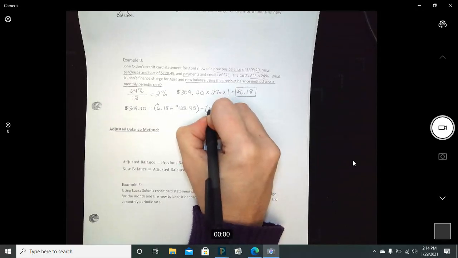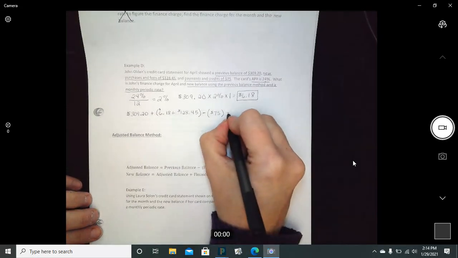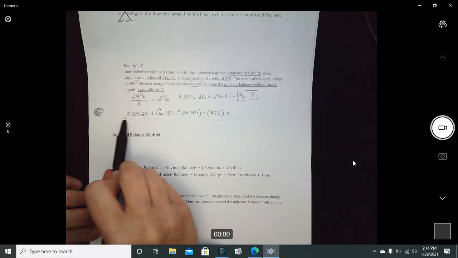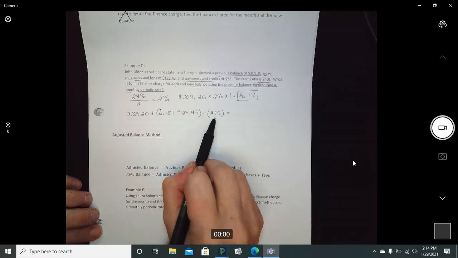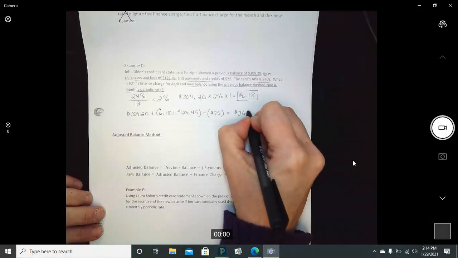So I have payments and credits of $75. Now I'm going to add all of this up, subtract off my payments. So my new balance is going to be $368.83.